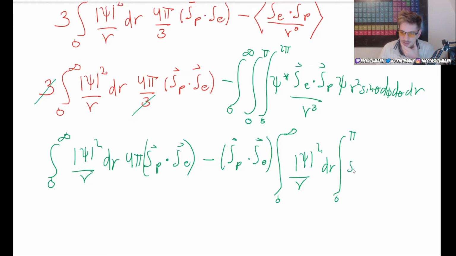That is theta. So here we would get sine theta dtheta, and then the integral from 0 to 2 pi of dphi.